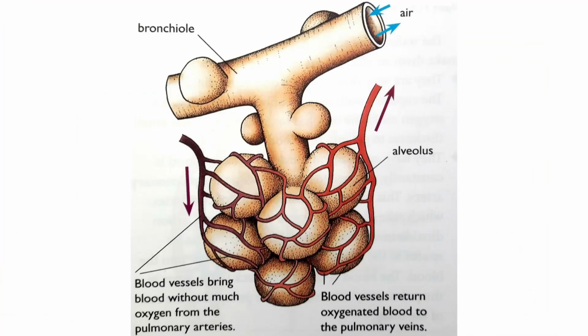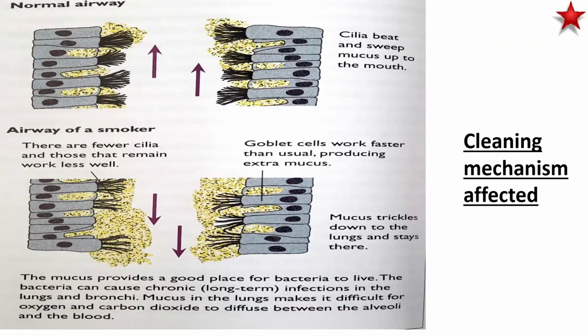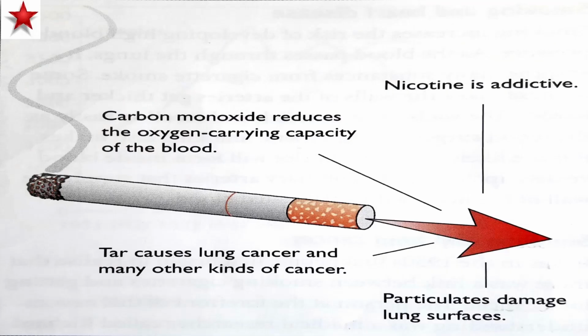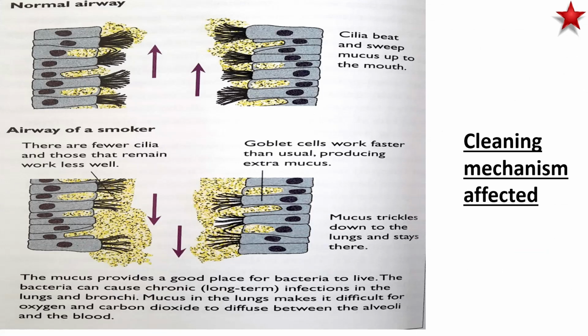Again, a recap: carbon monoxide reduces the oxygen carrying capacity of the blood, and tar causes lung cancer and many other kinds of cancer. Nicotine is addictive, therefore smokers keep smoking every time because of the nicotine. It's a drug. Normal airways versus the airway of a smoker: they produce a lot of mucus because they have to move the mucus away from the lungs so they can still breathe properly. This is the mechanism of how the body cleans our lungs.